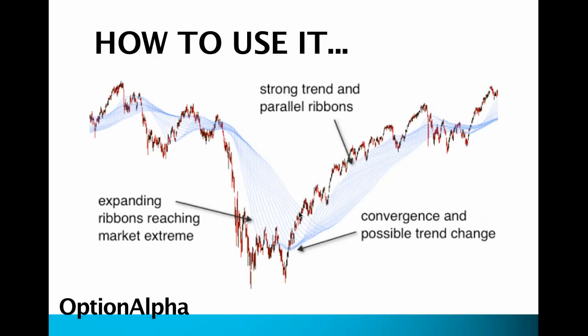Now these longer term moving averages haven't converged just yet. They will later on, and you can see that they did converge and twist later on as the market started to rebound. But this early sign of convergence happened down here, and it actually happened as the market was forming kind of a double bottom here. And that gives you an early indicator that the trend may be beginning to change.